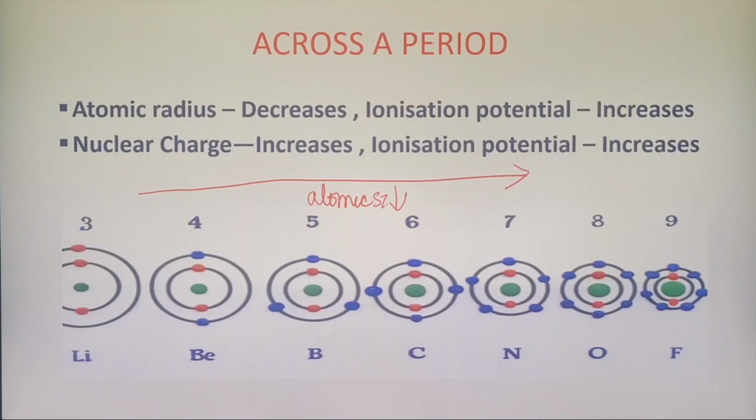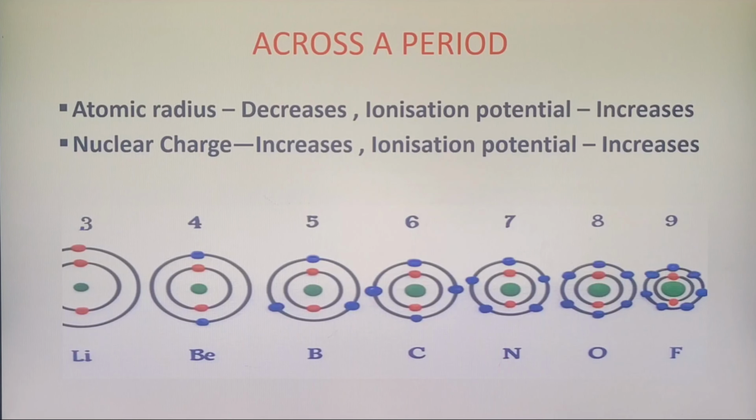So what is happening to the atomic size, children? As you can clearly see in this diagram, when I am moving from left to right, the size is slowly decreasing, and we have learned this. If you look at the diagram here itself, here the nucleus is far, here it is a little near, a little more near, but as I come to fluorine, you can see the nucleus is very near to the outermost shell.